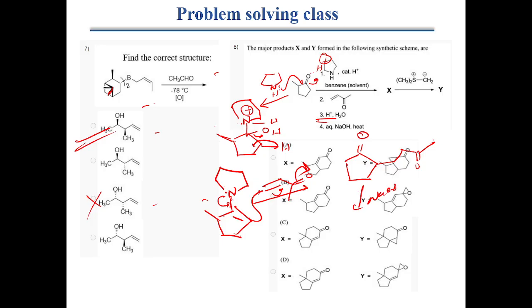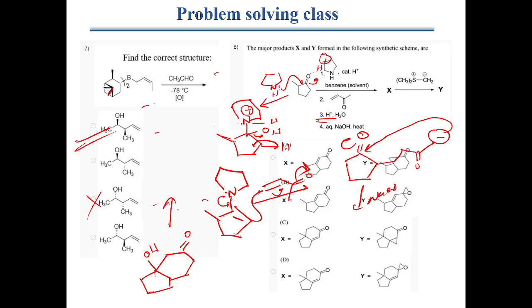So there is a possibility of aldol reaction. So this proton will be abstracted by the base and react with this center. So this will give OH, CH2, C the whole one.